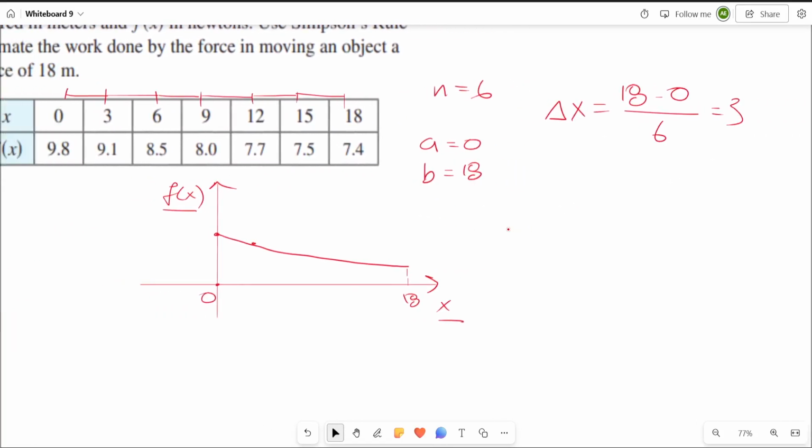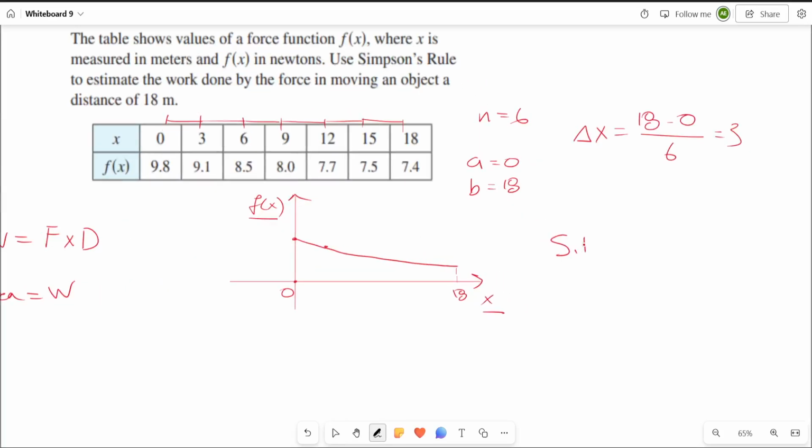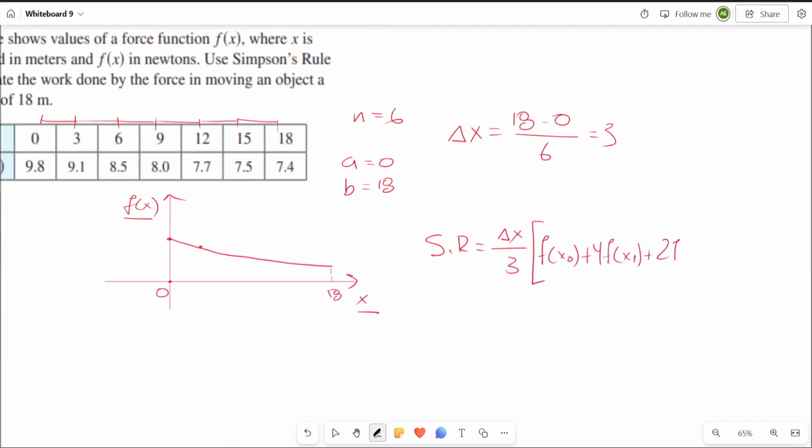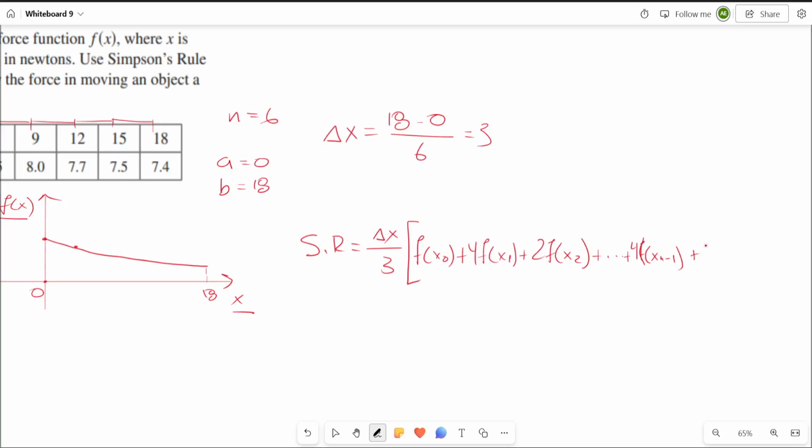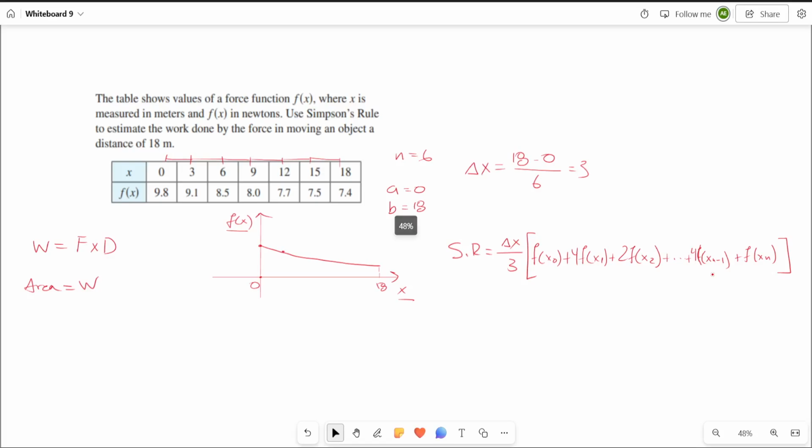And I know that Simpson's rule equals delta x over 3 multiplied by f of x0 plus 4 f of x1 plus 2 f of x2 plus so on until 4 f of x n minus 1 plus f of the final x, which is xn. So from here, let's try to solve.